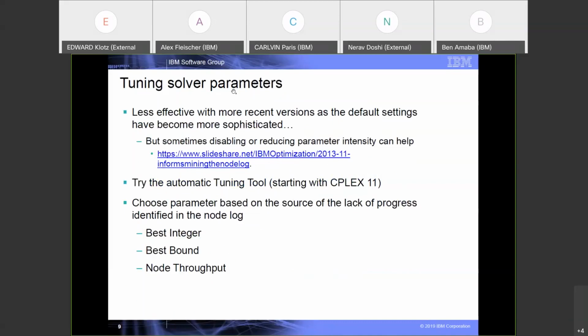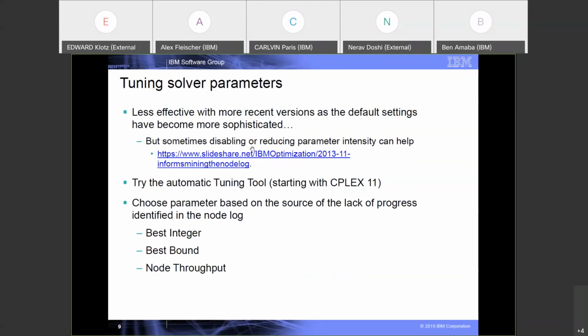Now, today the subject is tuning solver parameters, and as solvers like Seaplex have become more sophisticated, in some ways it's harder to get good results with non-default parameter settings. But there are still plenty of models where that does happen. Also, what I find is, as Seaplex becomes more sophisticated, it's doing more calculation by default.